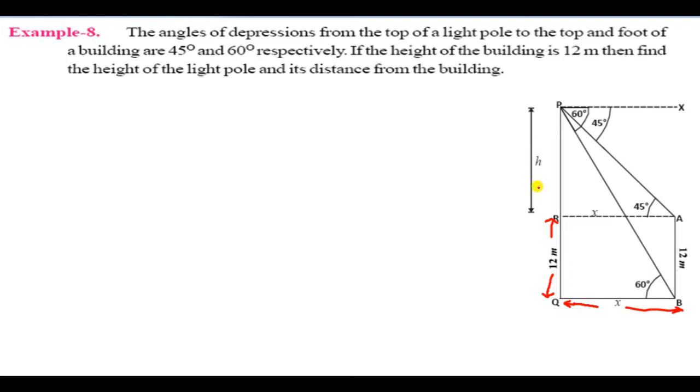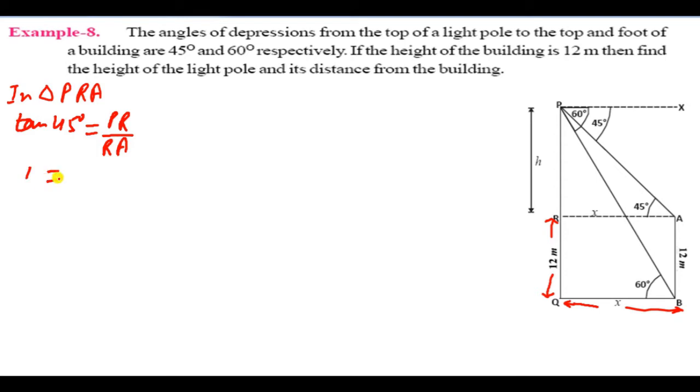So now we are taking all this in triangles. First of all, in triangle, which one? PRA. Taking tan 45 degree, that is PR, the perpendicular, upon base RA.